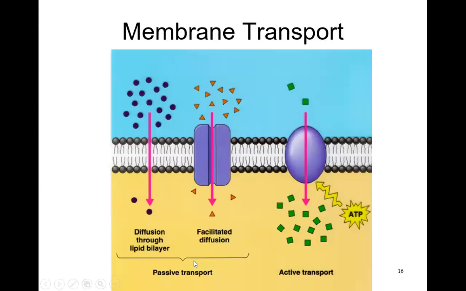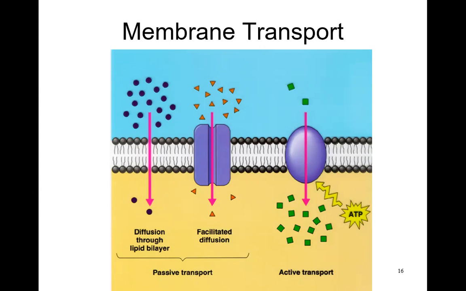Cell transport, membrane transport. We see three different ways here. Diffusion, simple diffusion. If I put a drop of food coloring in a beaker of water, the food coloring is going to spread throughout. That's simple diffusion. It just moves out on its own. There's nothing I can do to stop it. The movement of the water molecules will move the food coloring around through the beaker.